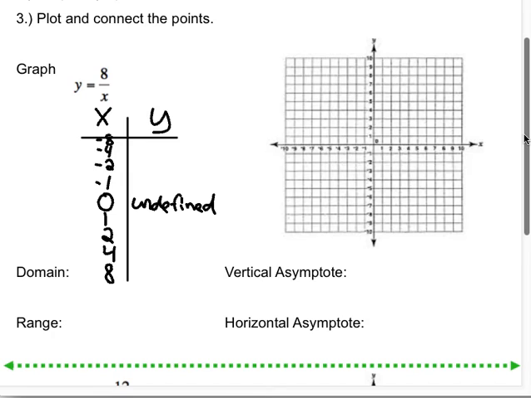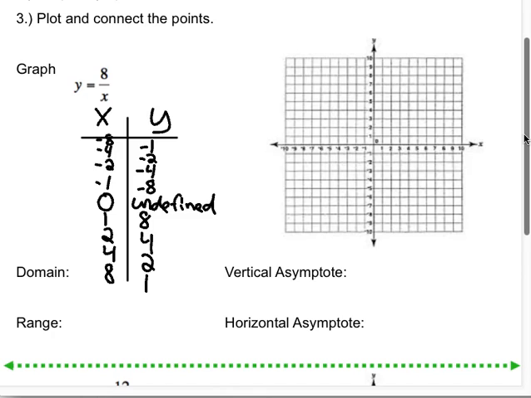The fact you can't divide by 0, that's what creates that vertical asymptote. All right, then 8 divided by 1 is 8. 8 divided by 2 is 4. 8 divided by 4 is 2. 8 divided by 8 is 1. And then the same in the reverse. So now I have a good collection of points.